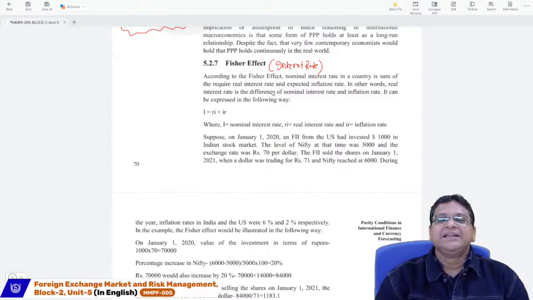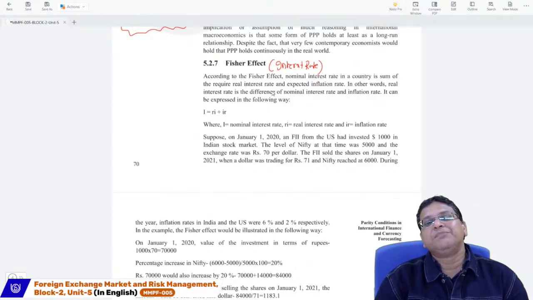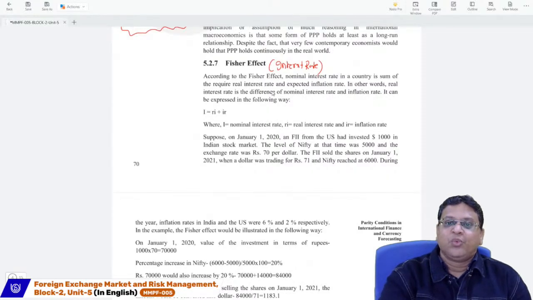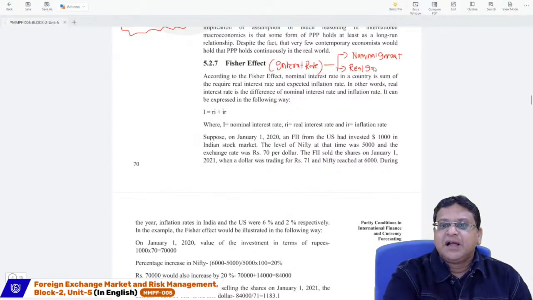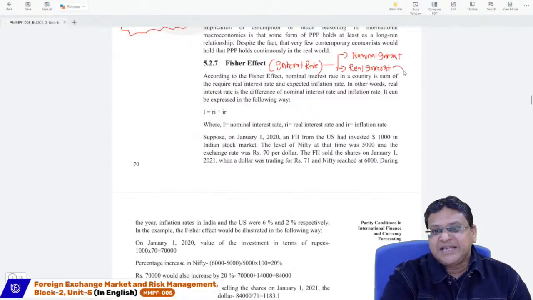Fisher tells that interest rate has two important components: nominal interest rate and real interest rate. The real interest rate is the inflation adjusted interest rate.